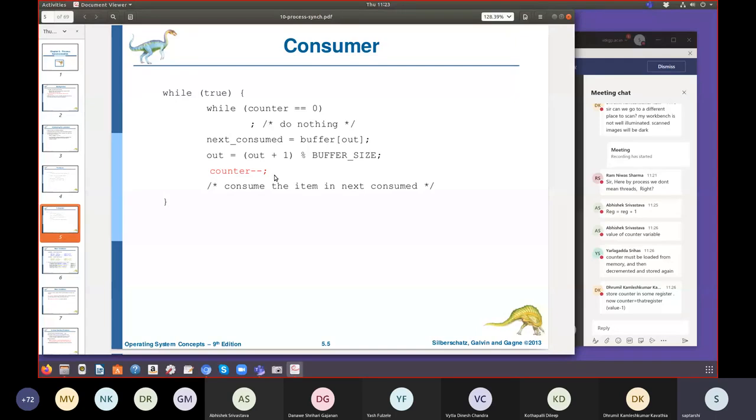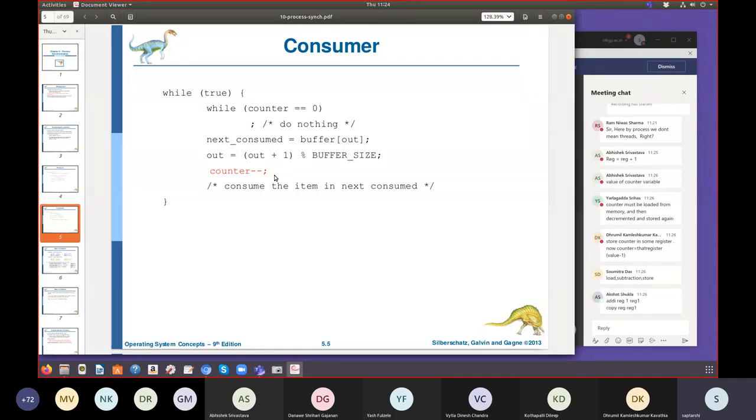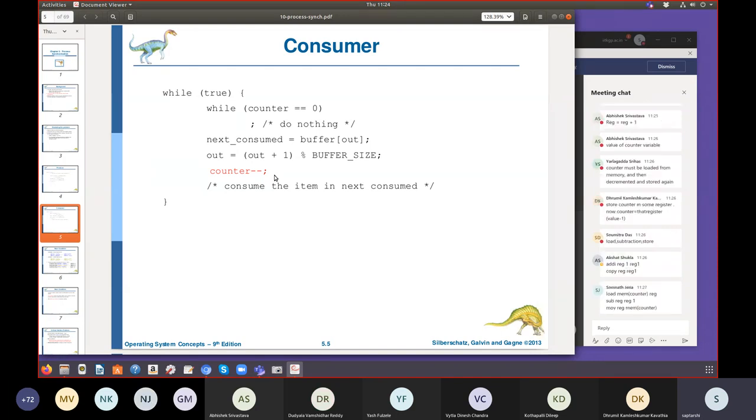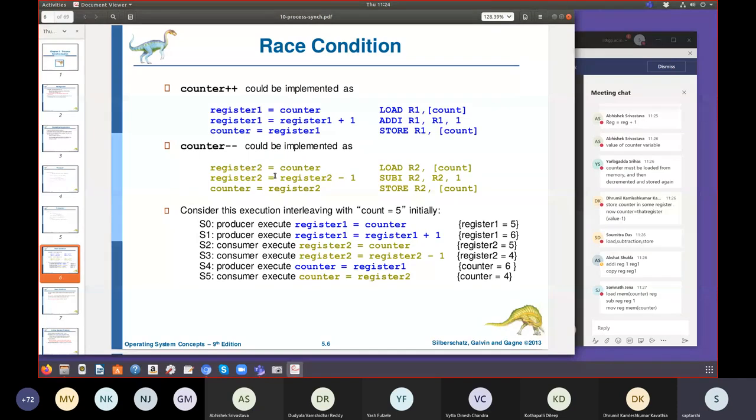Exactly what Sriharsh and Dhrumil are saying. So counter must be loaded from the memory to some register and then decremented or incremented. That register should be decremented or incremented. And then that changed value in the register should be stored back to counter. So exactly what you all said.